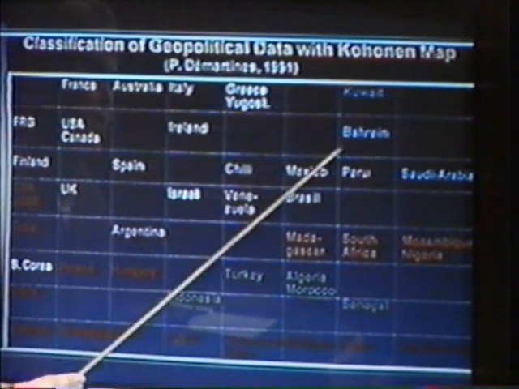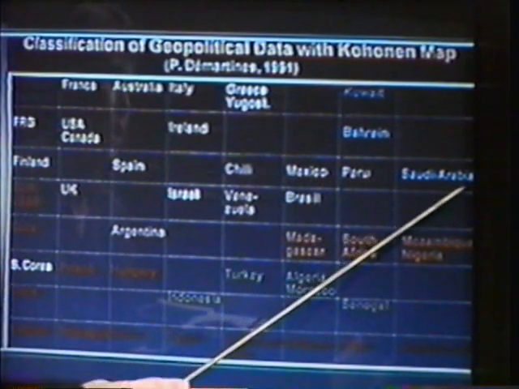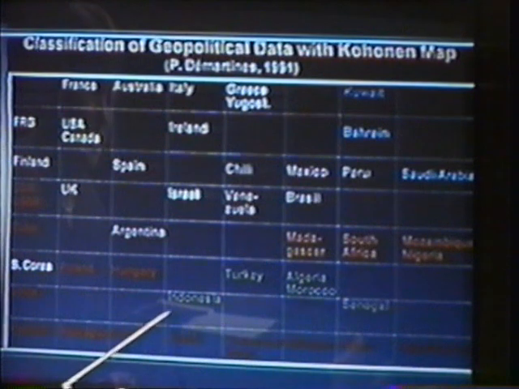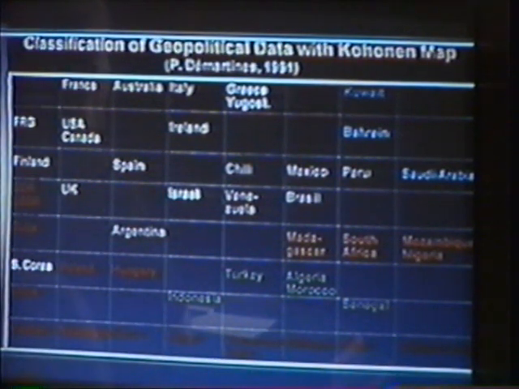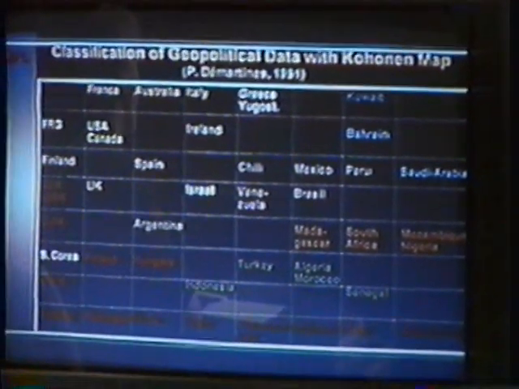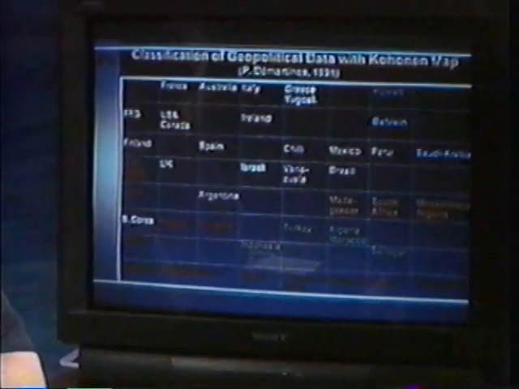Here we find the very rich oil countries. And at the other end of the map, we find the Sahel states, which are really one of the poorest regions on Earth. So our Kohonen map was able to identify important features of our 6-dimensional input vector and represent them on the 2-dimensional map.